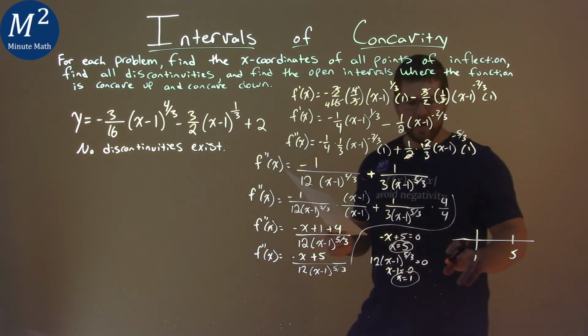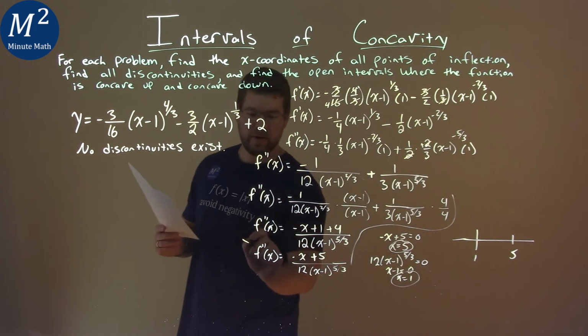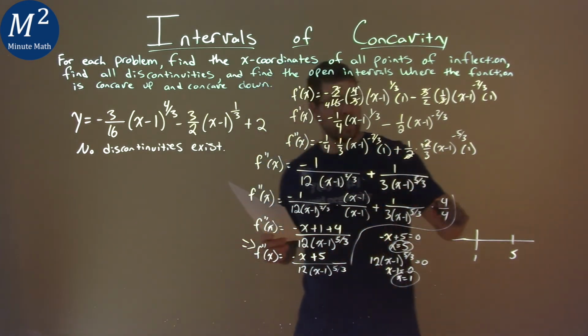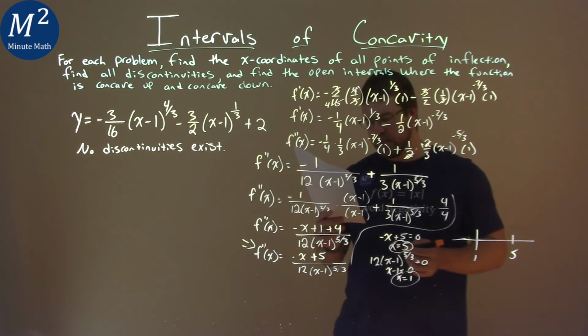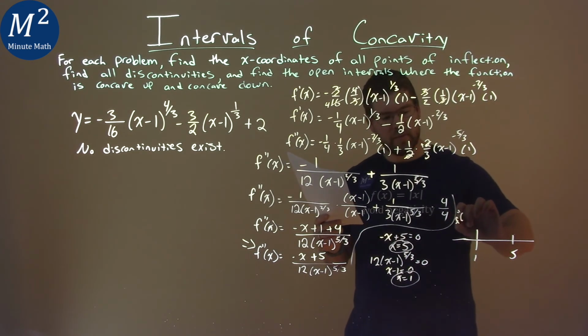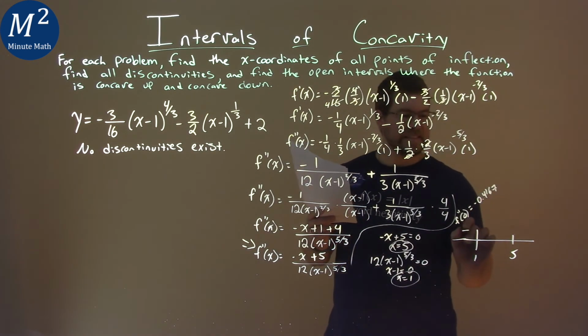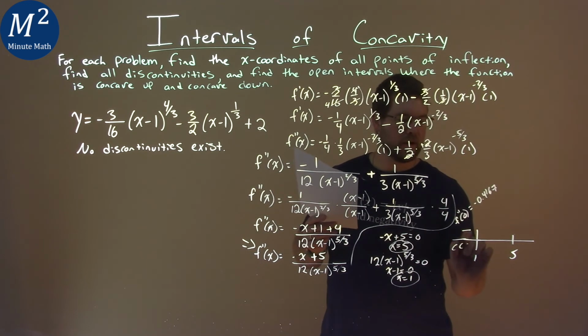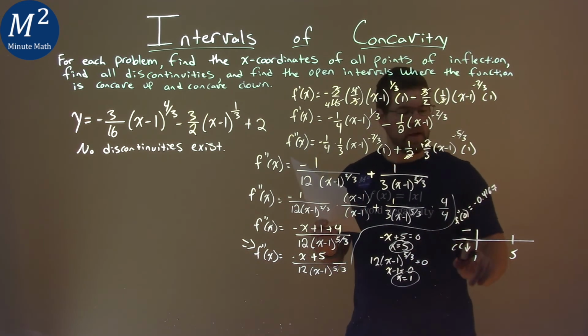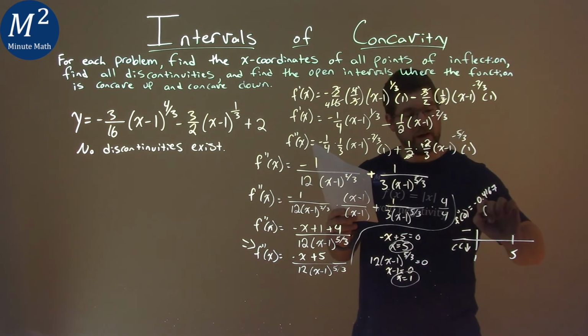So we're going to plug in values into our second derivative, which we found right here, and see where they lie in our second derivative test. So I found f double prime of 0, and that came out to be a negative 0.4167. It's negative, that's all I care about, meaning we're concave down here. Between 1 and 5, I picked 2, so f double prime of 2 came out to be 0.25.